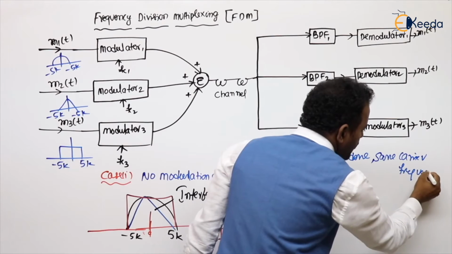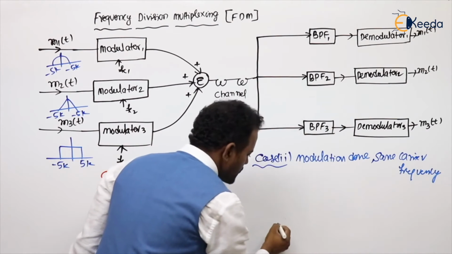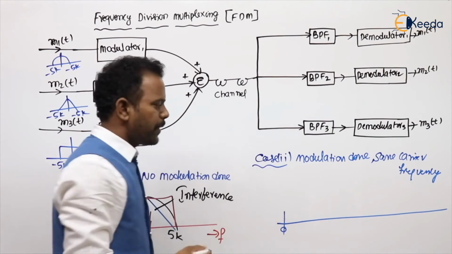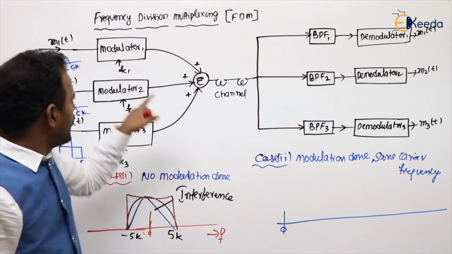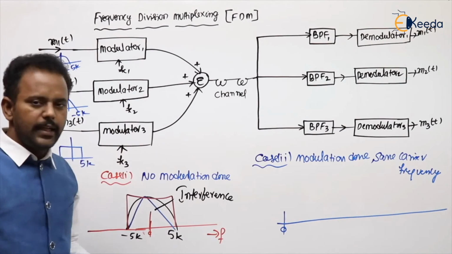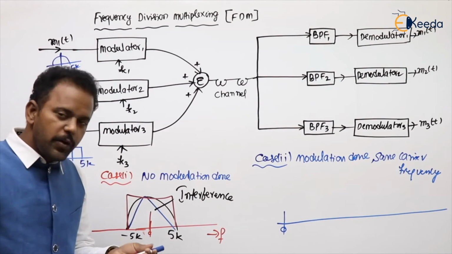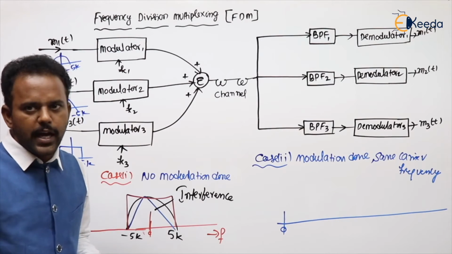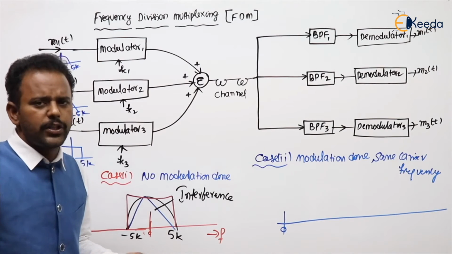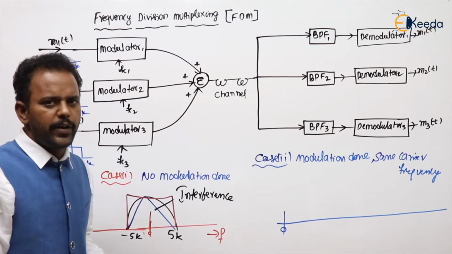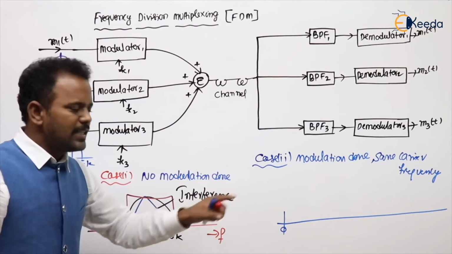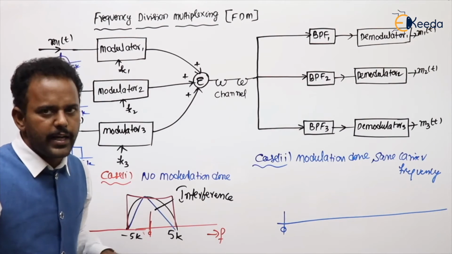Actually, we have to use different ones, that's why I wrote FC1, FC2, FC3 like that. Suppose I use different ones, then what is happening? Let's take that we are doing DSBSC modulation, for example. Actually, in FDM, for transmission of voice, we use SSBSC. To write the spectrum in an easy manner, I am saying all are DSBSC modulation.